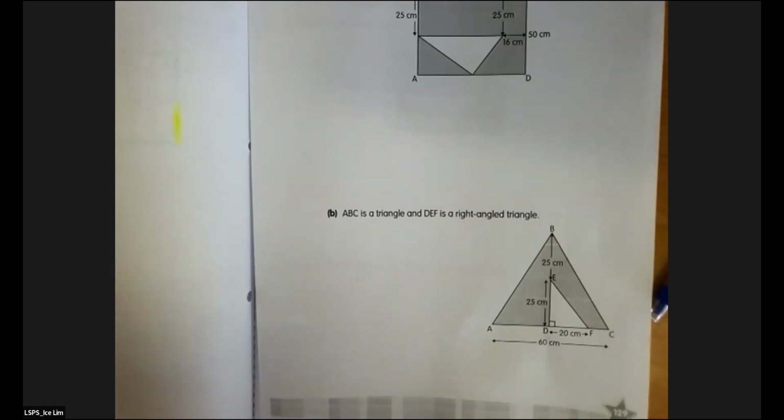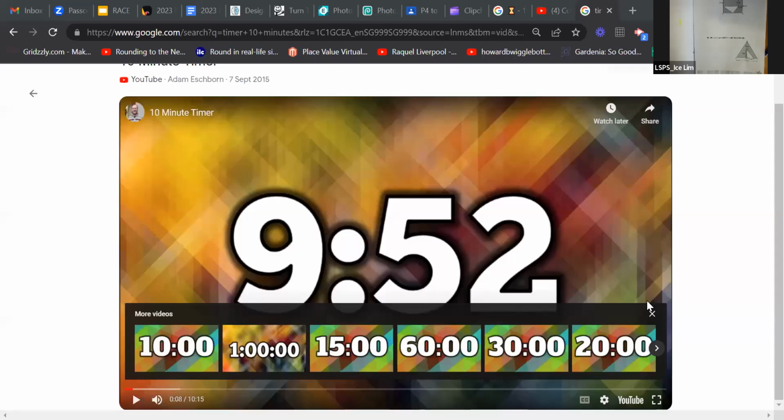What's the shaded part? Do it yourself first. Which of you do first? Everybody do the same question first. I think the two of you do the same question.